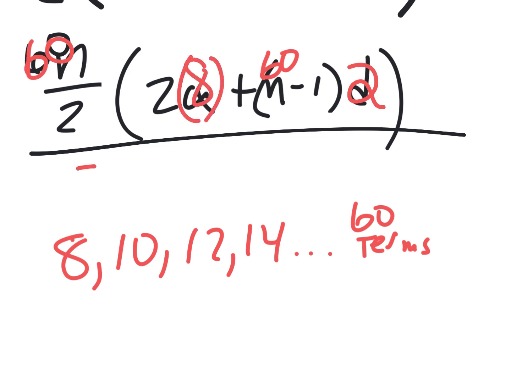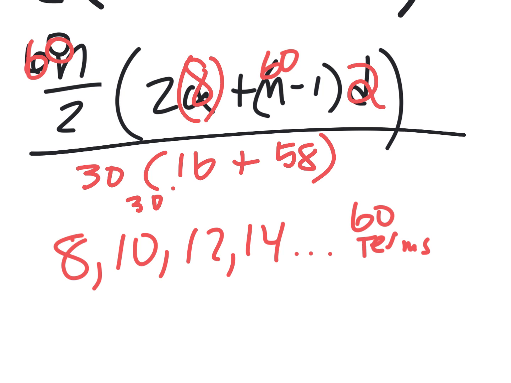So 60 divided by 2 is 30, times 2 times 8 is 16, plus 60 minus 1 is 59 times 2. Well, that's like 60 minus 2 is 58. 58 plus 16, 74 times 30. I think it's 2,220.